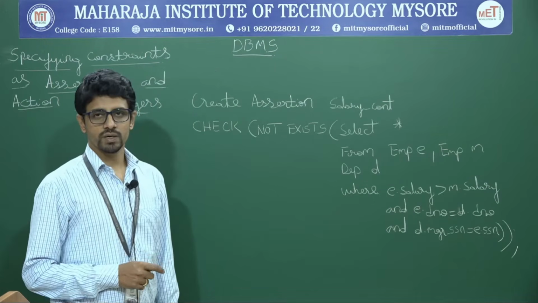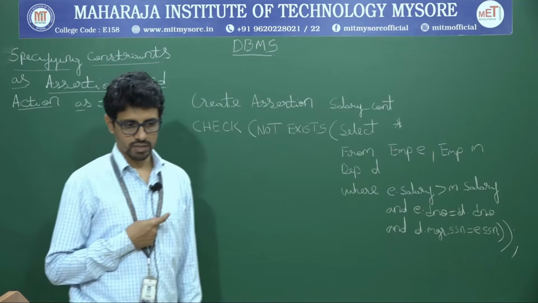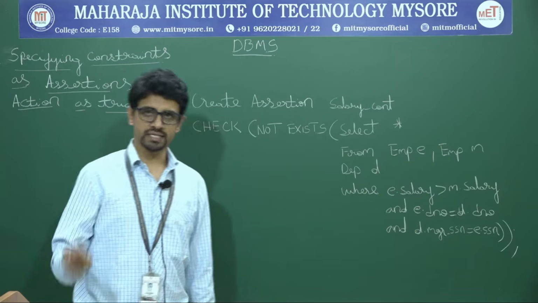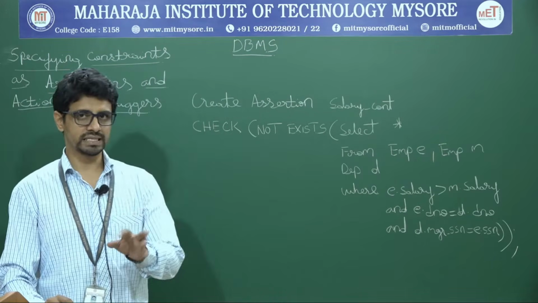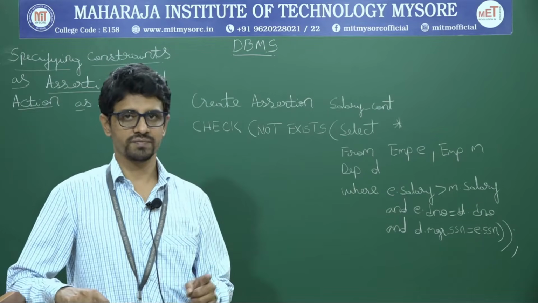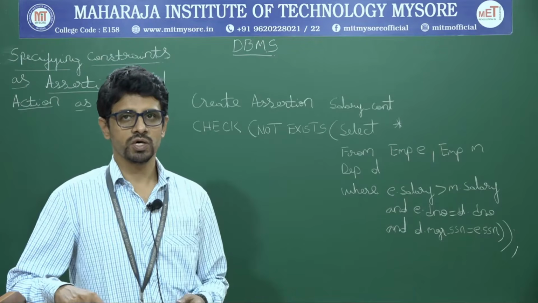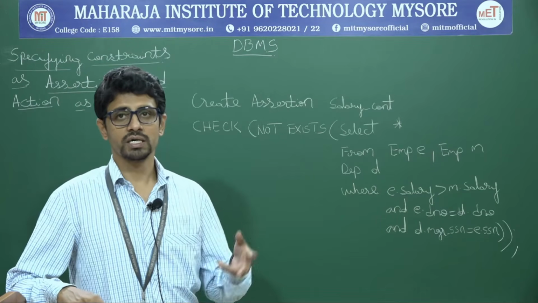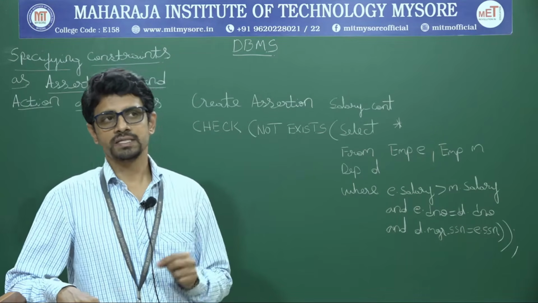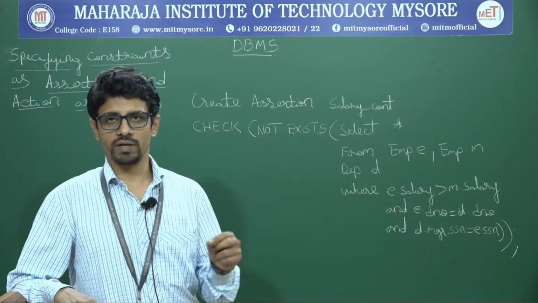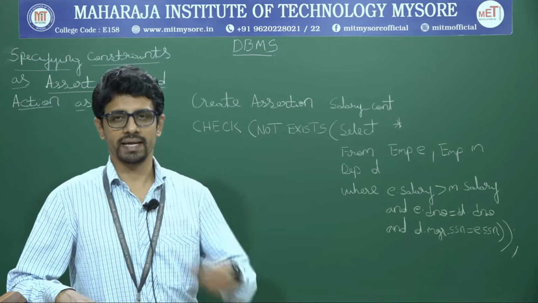Now if I am an employee and a manager is also an employee, both the details are stored in the same table called employee itself. Of course, yes. But how do you separate between these two? With the help of aliasing. See, employee number 1 is an employee, employee number 2 is a manager.